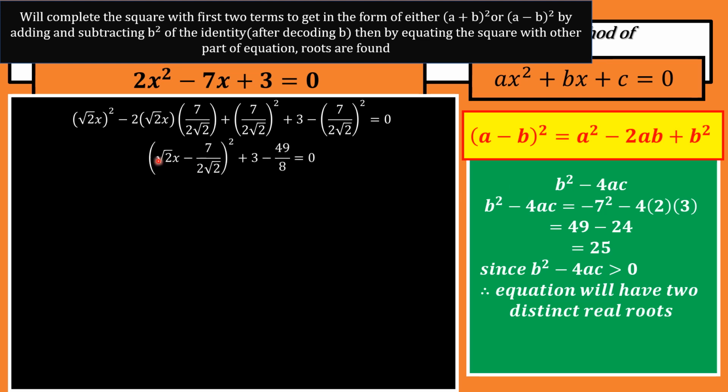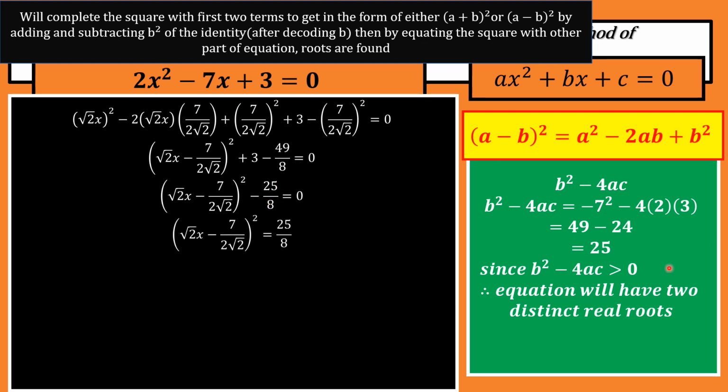Then the first three terms are the expansion of (a minus b) whole square. A is under root 2 x, b is 7 upon 2 under root 2, whole square, plus the remaining part. We'll simplify it. This comes out to be 3 minus 49 upon 8. Further on solving, it gives out minus 25 upon 8.